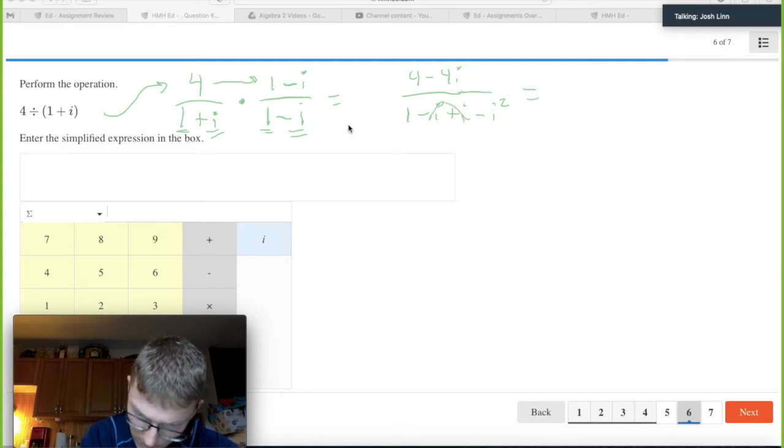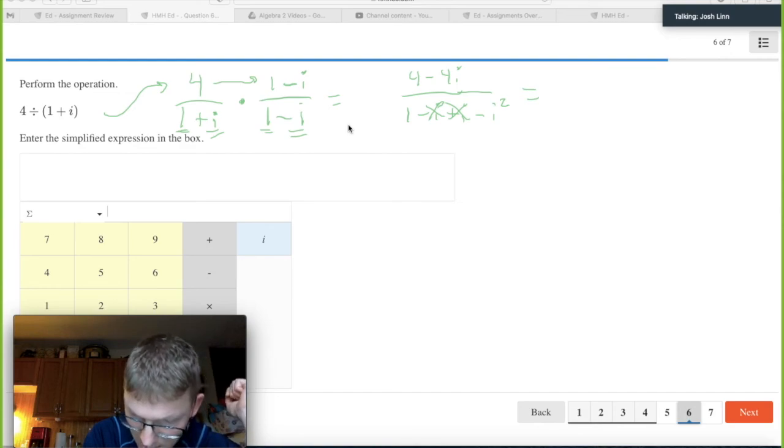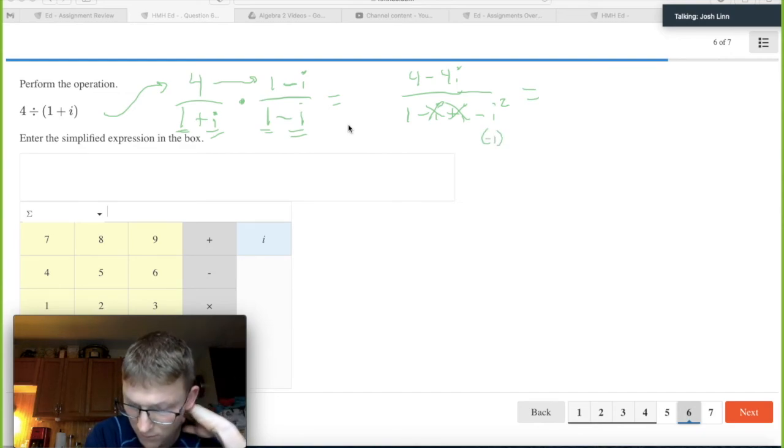So these guys cancel out. And then we have 1 minus a negative 1, because remember i squared is negative 1. So minus minus sign, so we're going to have 1 plus 1.